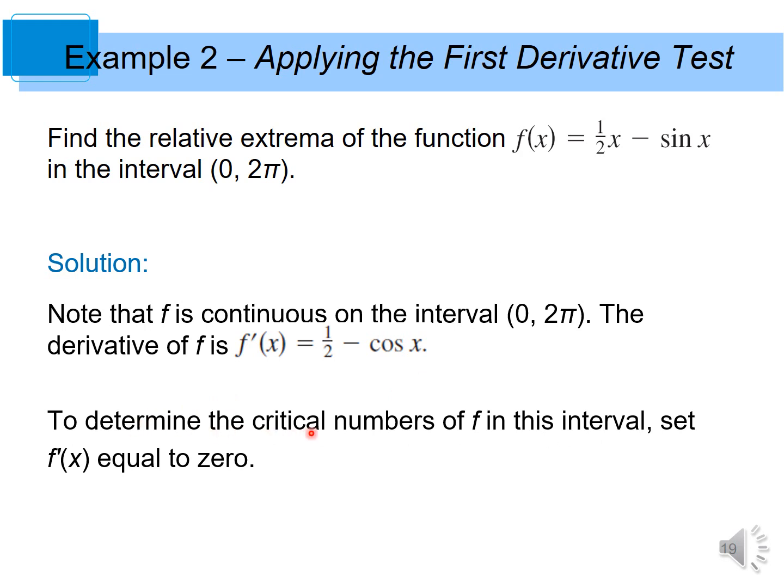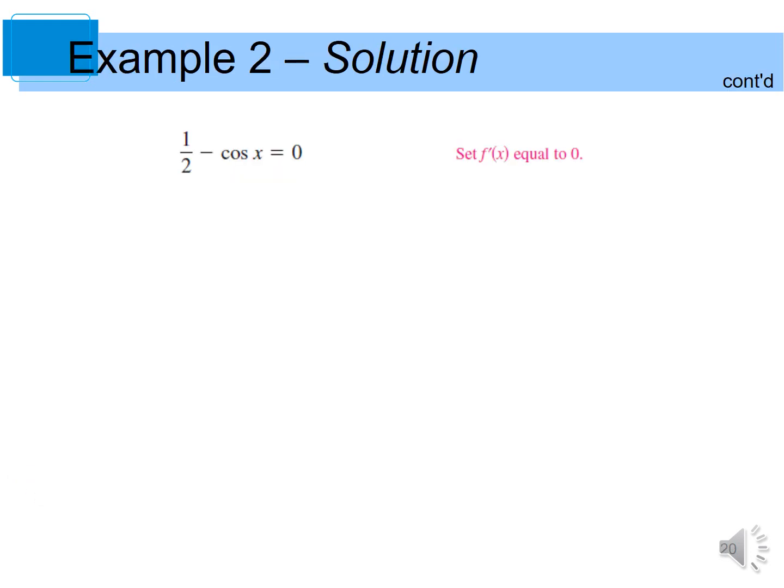To determine the critical numbers of f in this interval, set f prime of x equal to 0. To get x, we move the cosine to the other side, so cosine x equals half, and the x values are pi over 3 and 5 pi over 3.